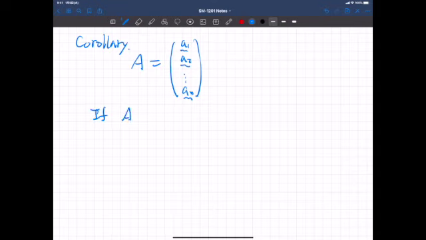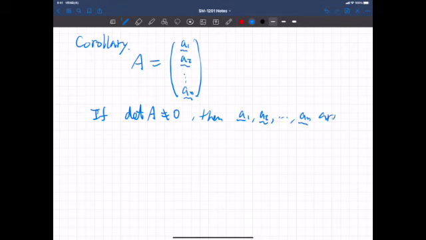If the determinant of A is not equal to 0, then all the rows, A1, A2 up to AN, are linearly independent. Okay, so this is just a contrapositive, so it should be true.